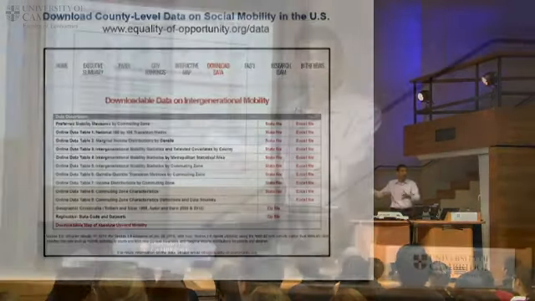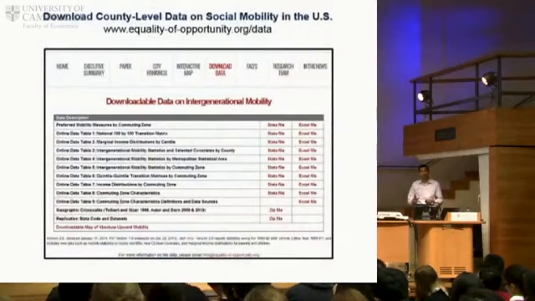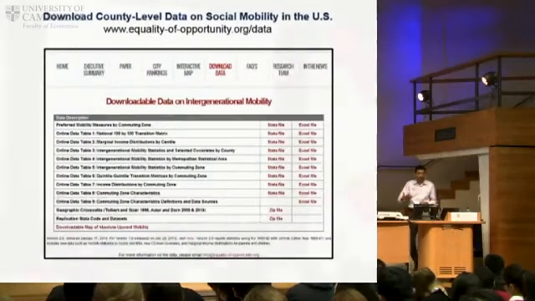You can actually download all of the data that I've been showing you, the geographic data, which give you these county-level measures of mobility over time from this website, equalityofopportunity.org, which gives you lots of information on social mobility by area. Ultimately the vision is that other researchers might be able to study various other policies without having to go back to the raw tax data, and they'll be able to evaluate the impacts of various interventions on social mobility.